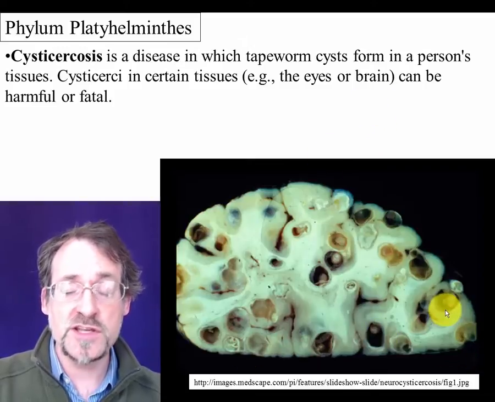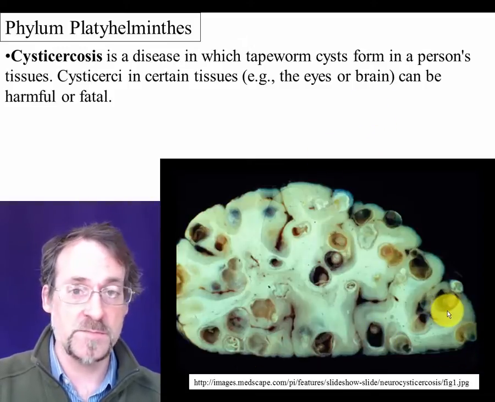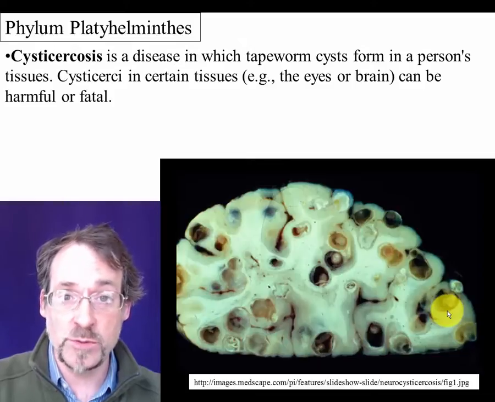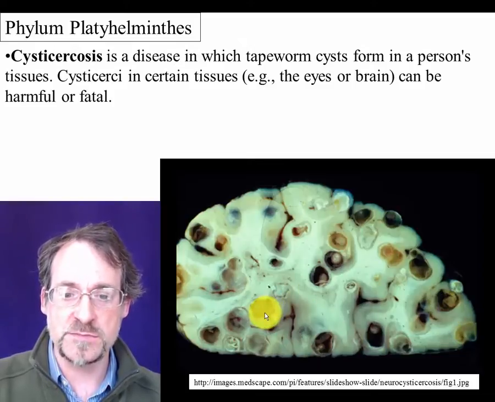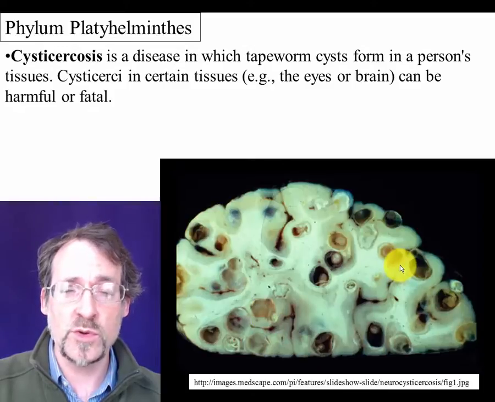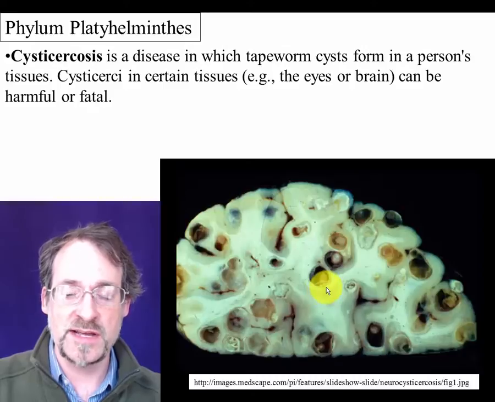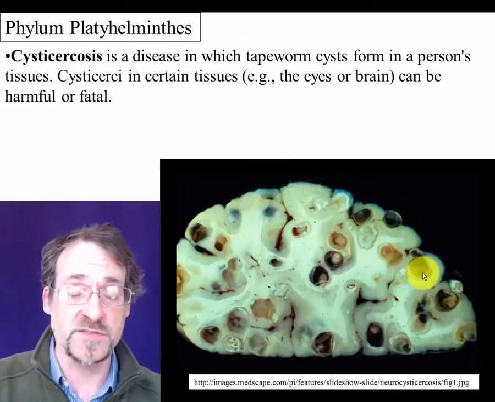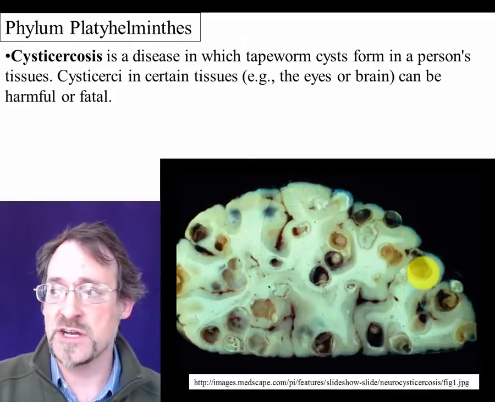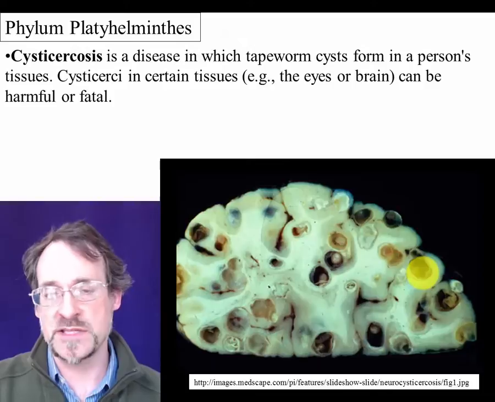What's shown here is a cross-section of a brain of a person who has many, many tapeworms encysted in their neural tissue. And you can see that the brain is basically just riddled with holes where these immature tapeworms have curled up and made little hollow holes in this brain. It's basically made the brain into Swiss cheese full of tapeworms, which I hope you never ever think of that mental image again.